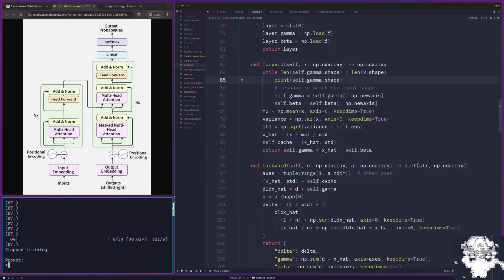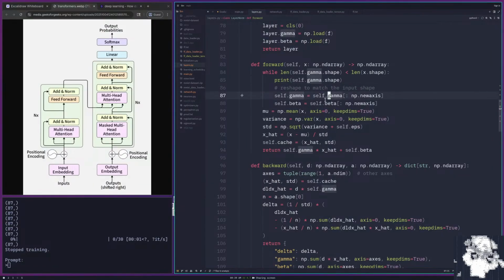Okay, I'm in an infinite loop. And the shape is not growing, so this is not working properly.